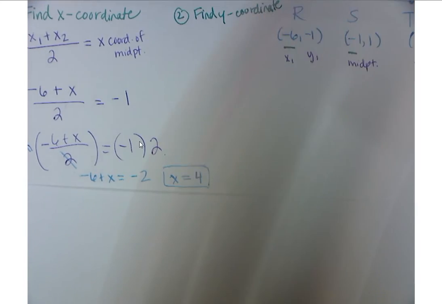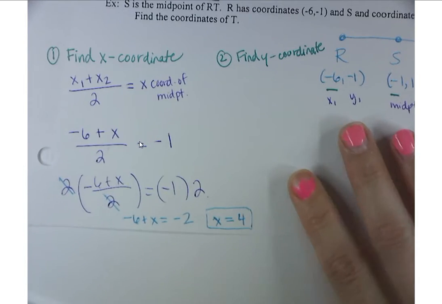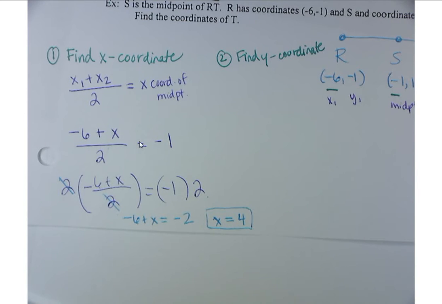So I'm going to give you a few seconds to just set up your equation first, and then see if you can solve it. And then we're going to check our answer using the distance method, so just counting the distance. But see if you can set up your equation.